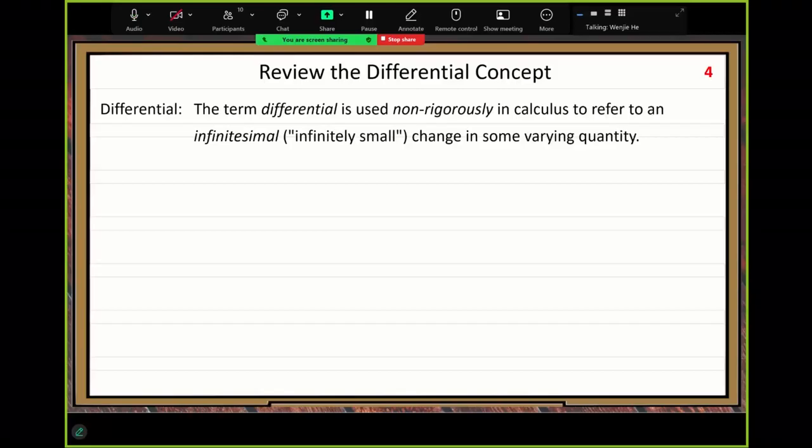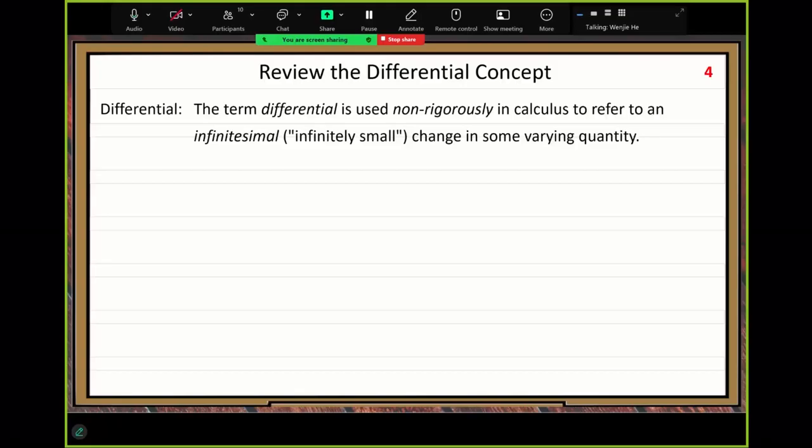In the early history of calculus, mathematicians used one special concept called the infinitesimal concept. Its meaning is infinitely small. That concept is not rigorous. So in current calculus, nobody uses the infinitesimal concept, because it's not rigorous.